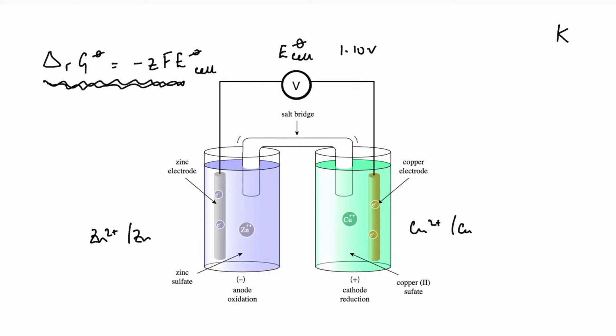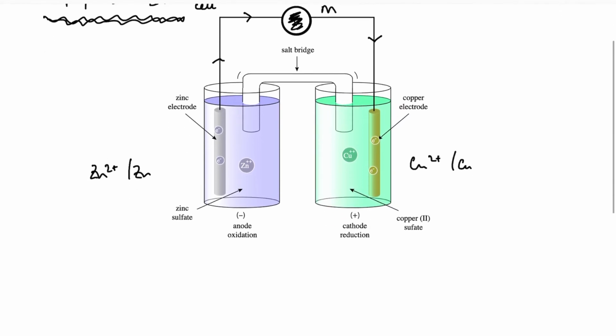If I replace my high resistance voltmeter with, say, a motor or a lamp, then this cell will start to perform work. Current will flow from the zinc half cell, the negative half cell, to the copper half cell, and the reactions will actually start to happen.